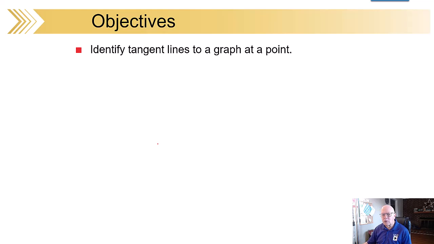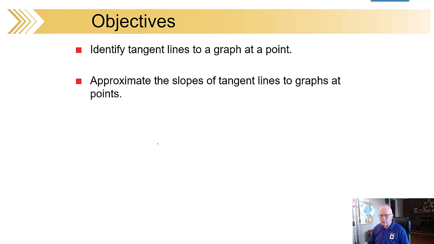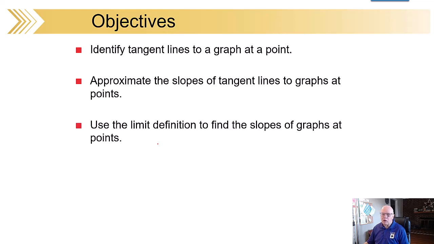We're going to be able to find tangent lines to a graph at a point, almost any graph at all, as long as it's continuous and differentiable. We're going to find the slopes of tangent lines to graphs, just approximately. It's not the best, but calculus is going to help us do better. We'll use the limit definition.